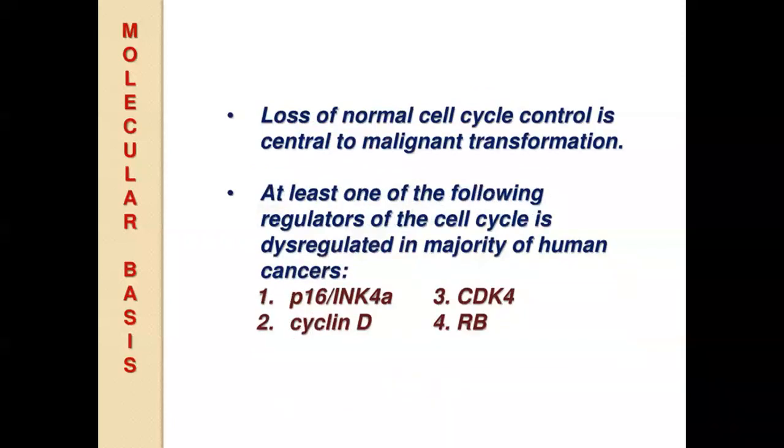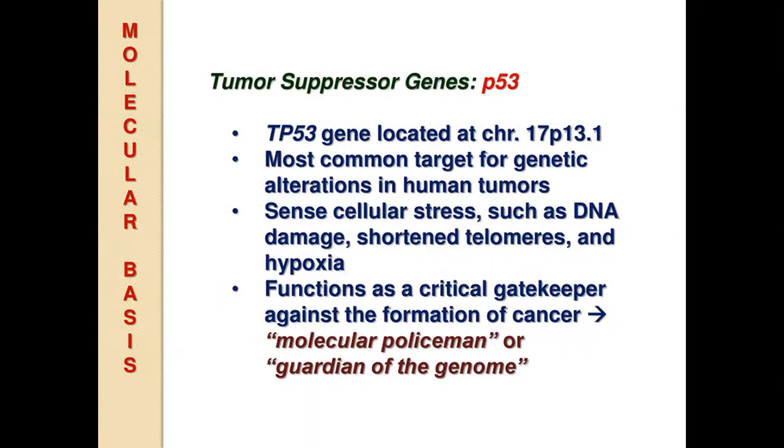The loss of normal cell cycle control is central to malignant transformation. At least one of the following regulators of the cell cycle is dysregulated in the majority of human cancers: P16, INK4A, CDK4, cyclin D, or RB. Now, the next gene is TP53.